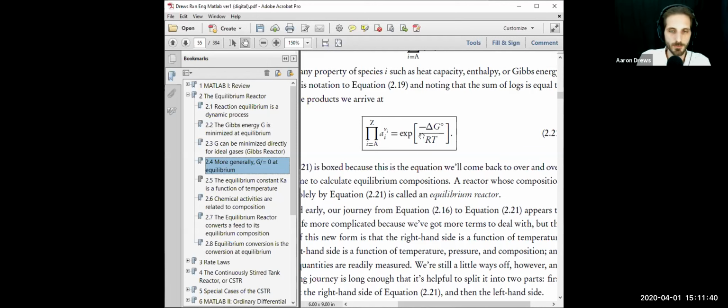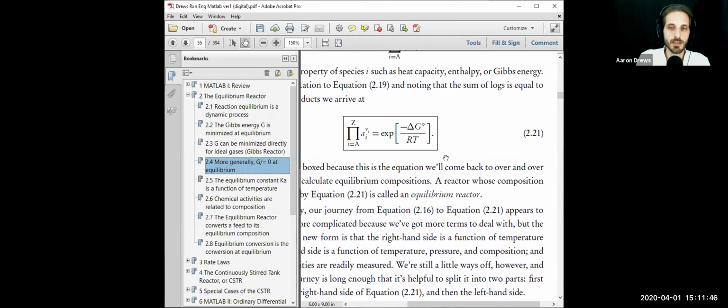Or you can say, what are the conditions at which equilibrium would be achieved? This equation, 2.21, defines what it means to be at equilibrium in an equilibrium reactor. And what we're going to end up doing for the next few days is solving this equation over and over again in order to find out what the composition looks like at equilibrium.